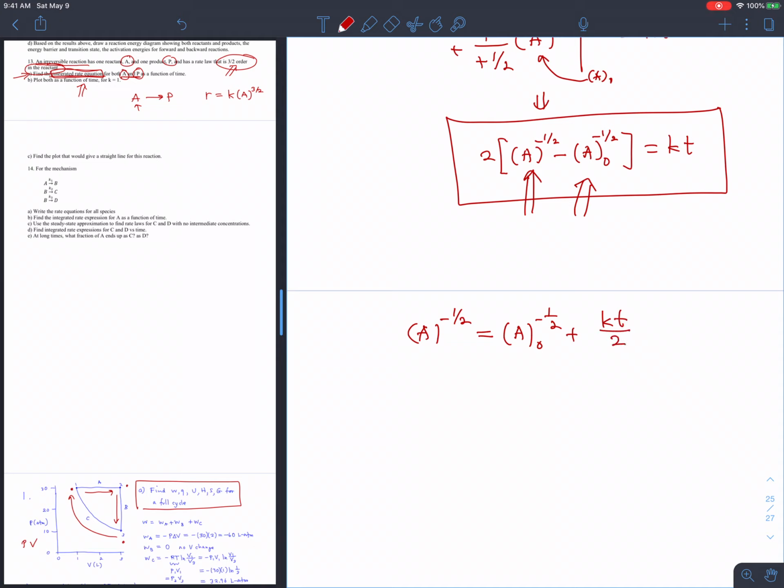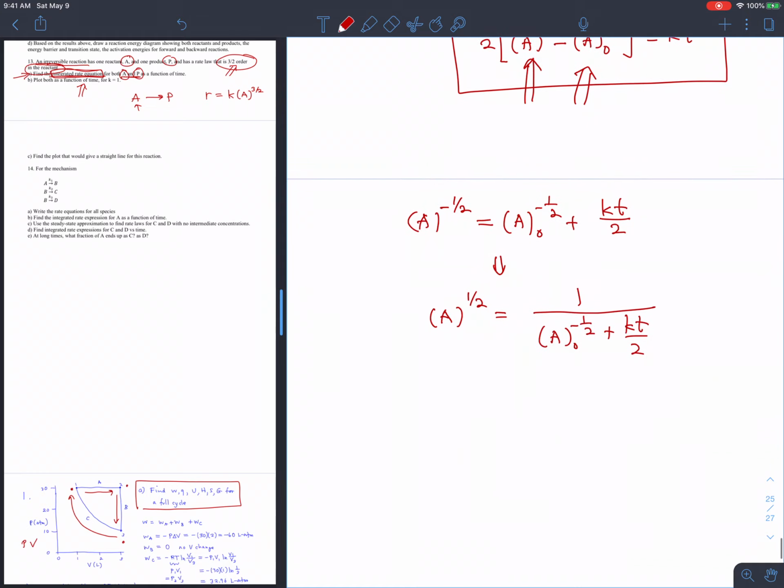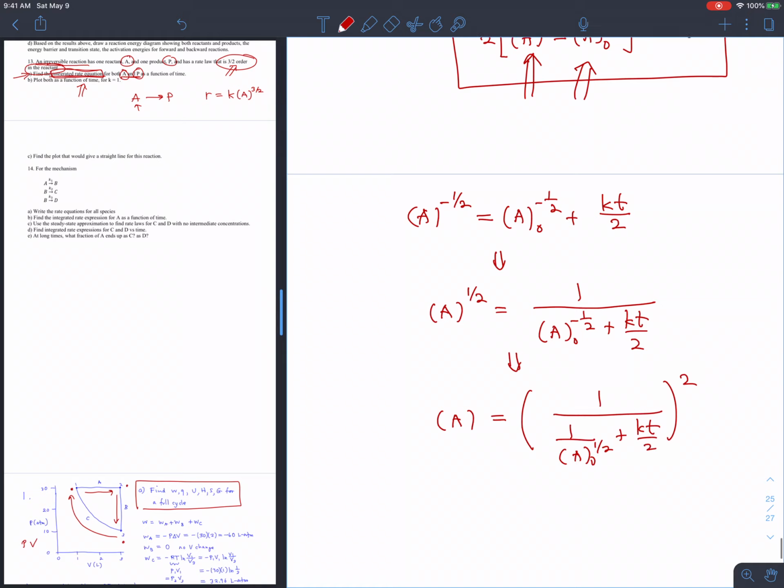And now, taking the inverse of both sides, I have A to the plus 1/2 power is equal to 1 over A0 to the minus 1/2 power plus kt over 2. And now squaring both sides, I get that A is equal to 1 over A0 to the minus 1/2 power plus kt over 2, and all of that squared.